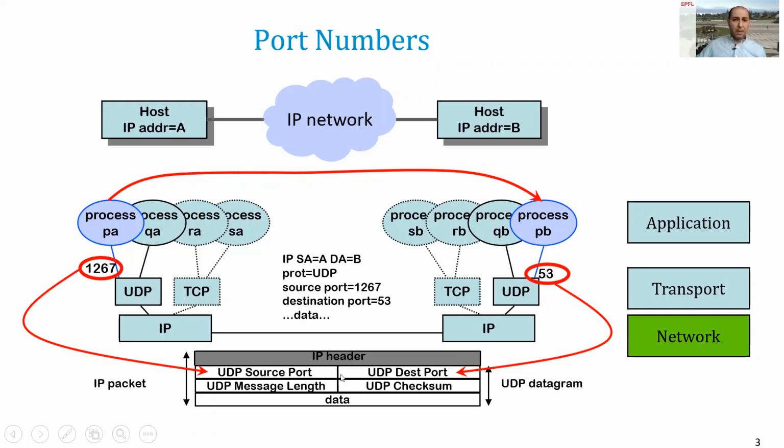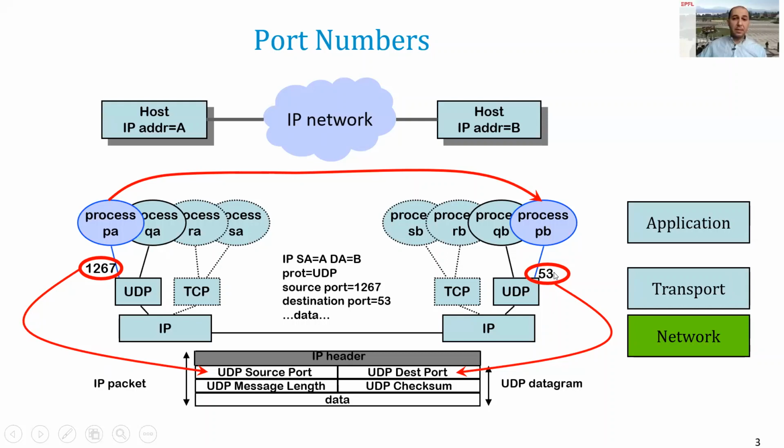Above the UDP header, we have the IP header that will be added by the IP layer. Inside this IP header, as we mentioned last week, we find the IP source address, which corresponds to address A, and the IP destination address, which corresponds to B. And now, the packet arrives at host B. UDP is able to know to which application to dispatch this packet based on the destination port number.